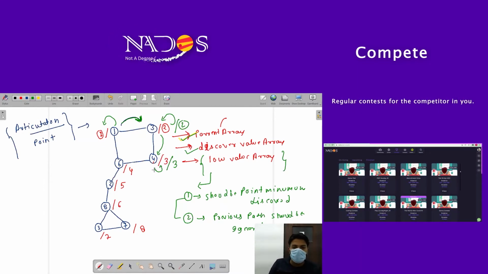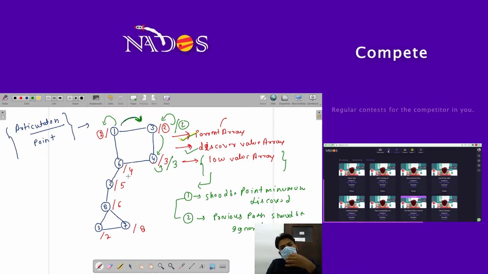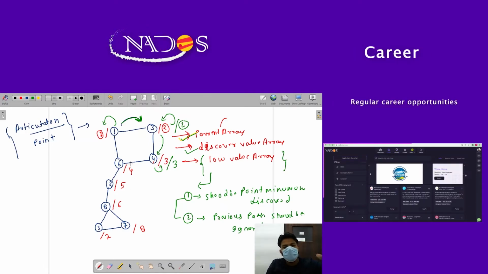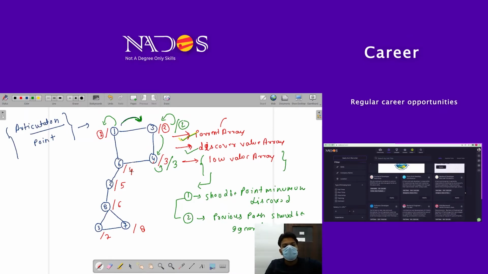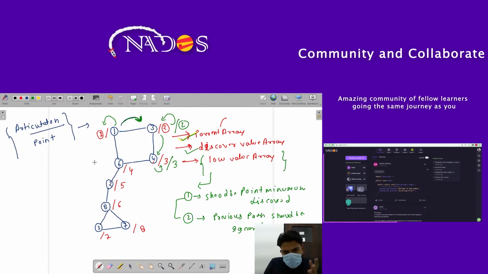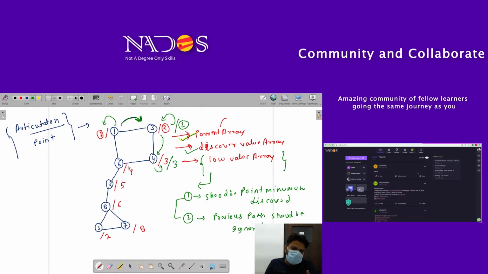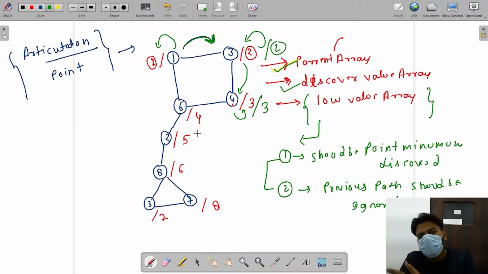But at this stage, initially what we are doing, initially we put every low value as its discovered value, because it doesn't have any minimum path point.